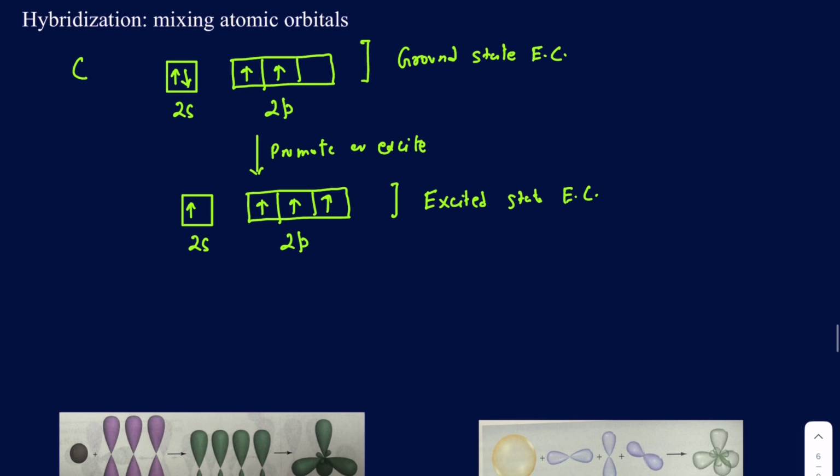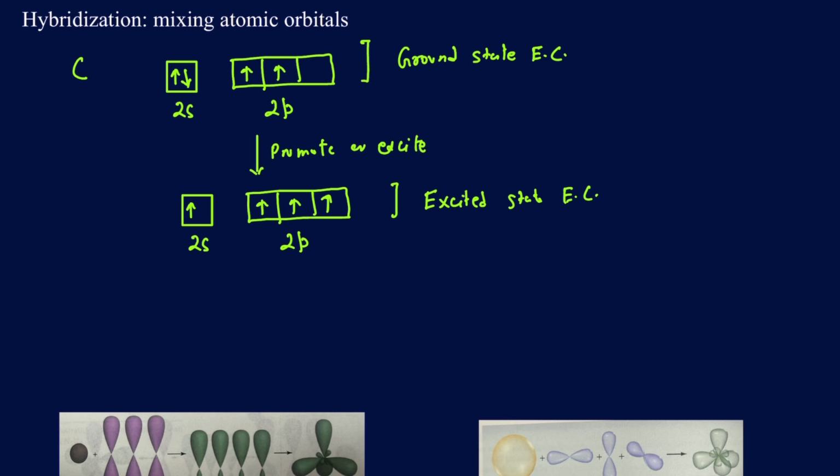Now, once I get these promoted, I still have to mix these orbitals. Remember that, I didn't really mix the orbitals. I just got the electrons promoted from the 2s onto the 2p so that I can have four half-filled atomic orbitals. Now, when it comes to mixing the orbitals, I can mix the s and the p together. How many you really need to mix from the s or from the p depends on the need.